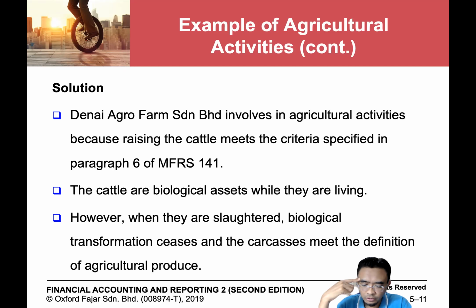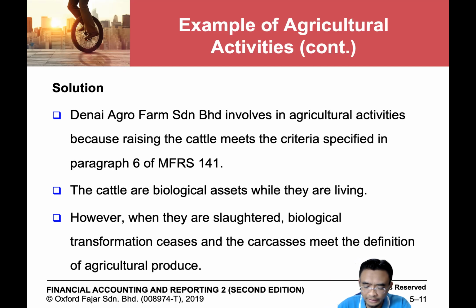The pigs, the cotton plant, what is it called, the cotton plant. So the cotton plant is the biological asset, and the harvested cotton is the produce. It is the same with plants, we all know. All the plants when they have the fruits itself, it becomes the produce of the biological asset.